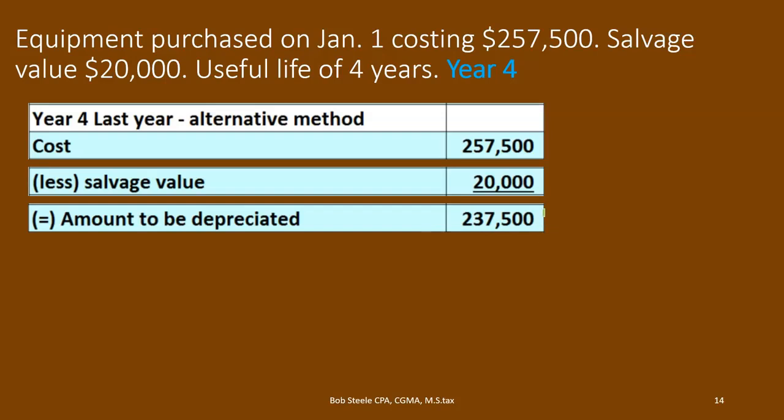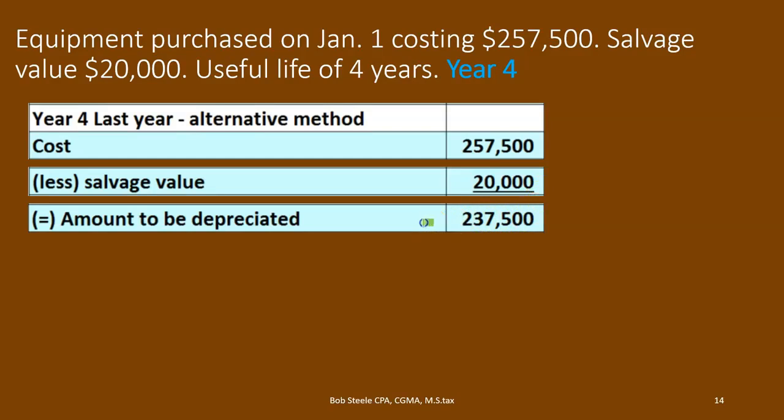Why? Because the $257.5 cost less the accumulated depreciation of $237.5 will leave us at the floor of the salvage value, the amount we can sell it for, of 20,000 in this case. So this is where we want to be.